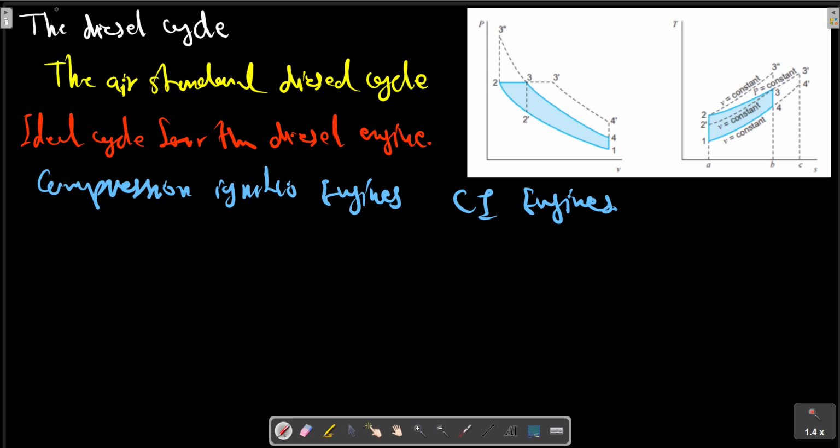In this cycle, the heat is transferred to the working fluid at constant pressure. The heat transfer at constant pressure, QH. This process corresponds to the injection and burning of the fuel in the actual engine.